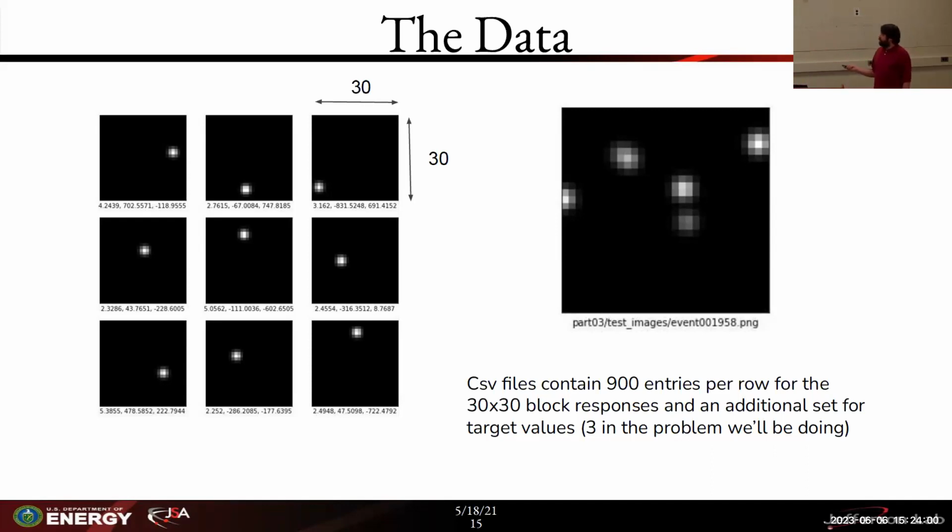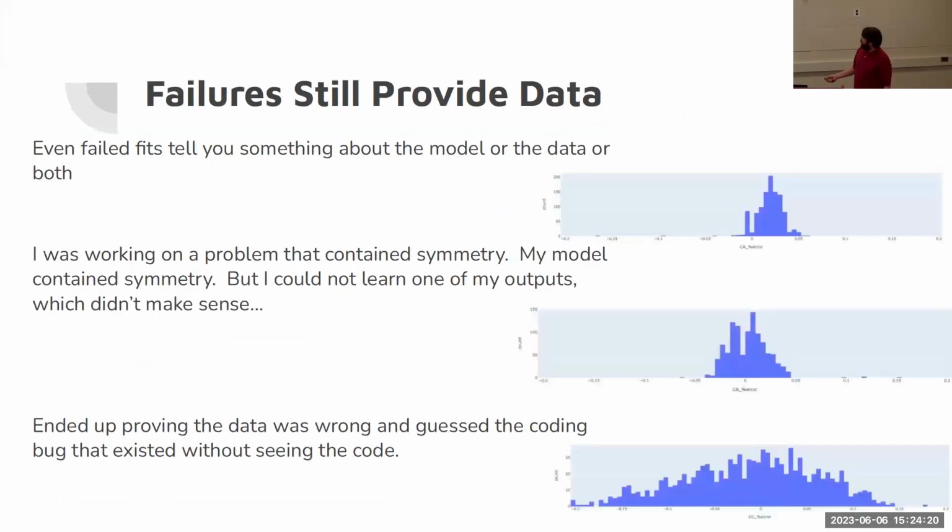The CSV files will contain 900 columns per row, which represent the 30 by 30 block responses, and an additional set of target values. So the last 3 are your target values. So 903 columns, where if we're thinking about that datum, right? Go back.